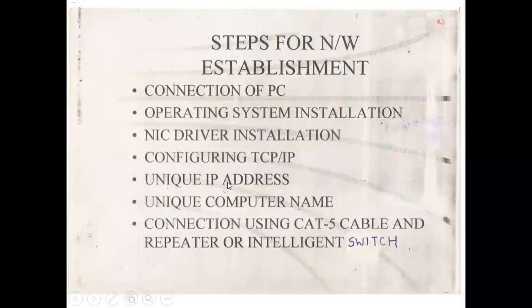So I'm talking about the IP address. It can be IP version 4 or IP version 6. And it can be a private IP address or a public IP address. So you have to enter a unique IP address on your machine.